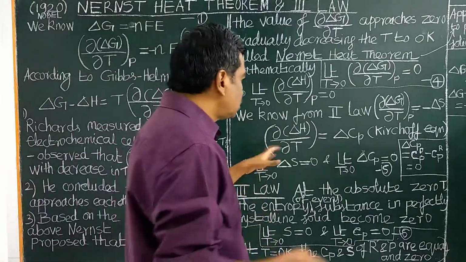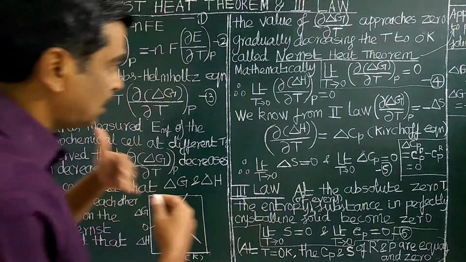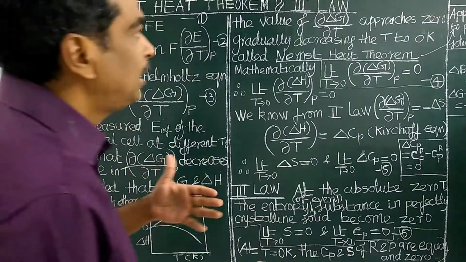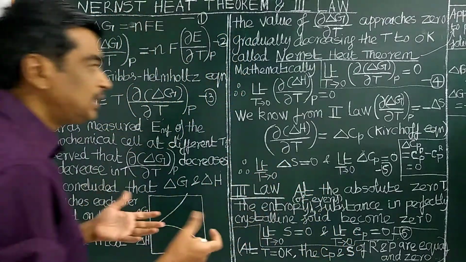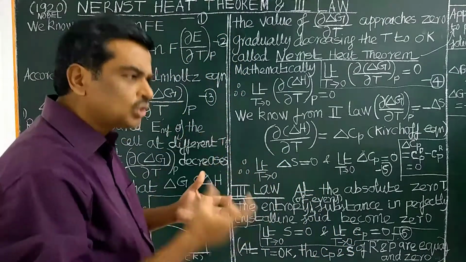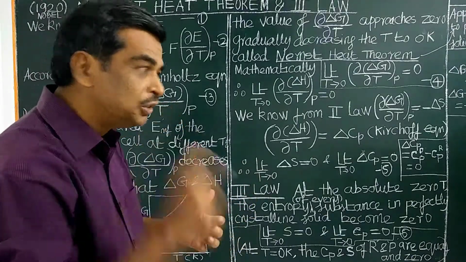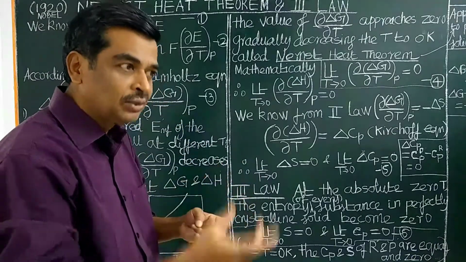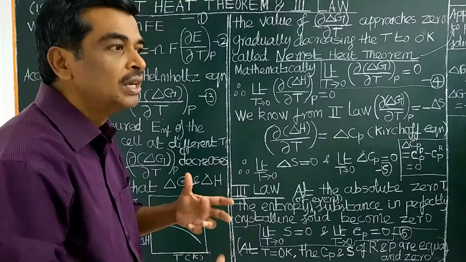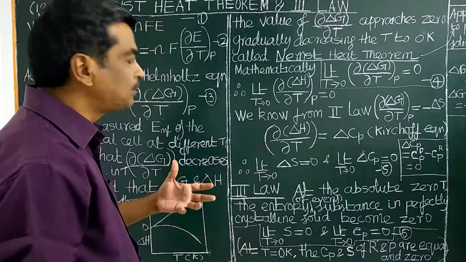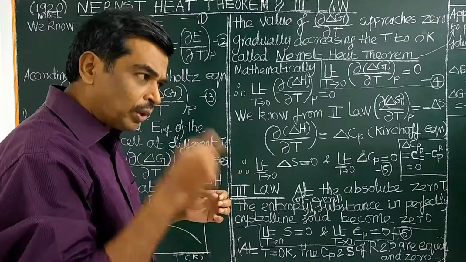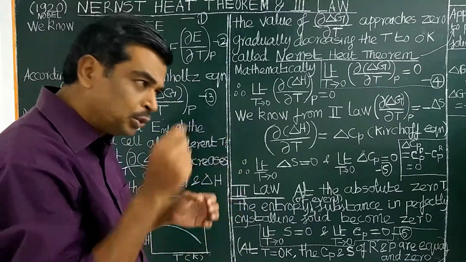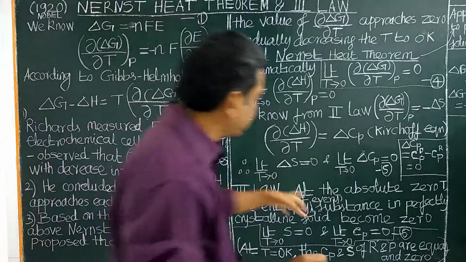Max Planck also showed, using quantum theory, that the heat capacity of a pure solid at absolute 0 Kelvin is 0.